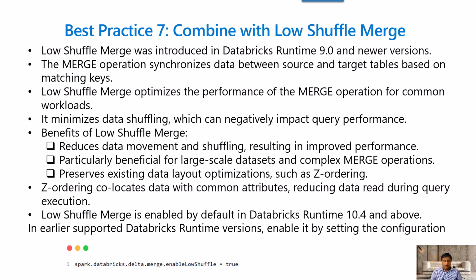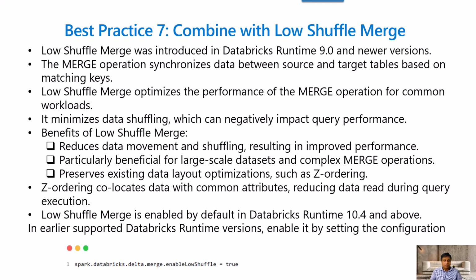That way, it can also help you to do complex merge operations successfully. It preserves the existing data layout, which is already done by the Z order indexing. So you don't have to move the existing data which is kept in the large table. It also helps you preserve the data location, and that way it can reduce the data read which is happening on the queries.